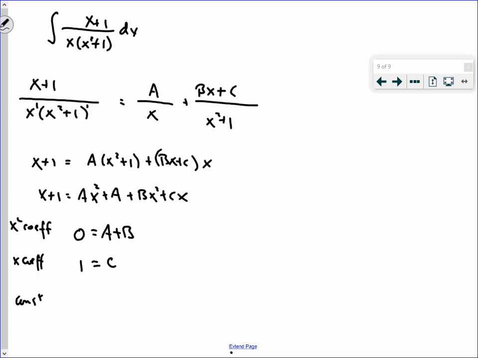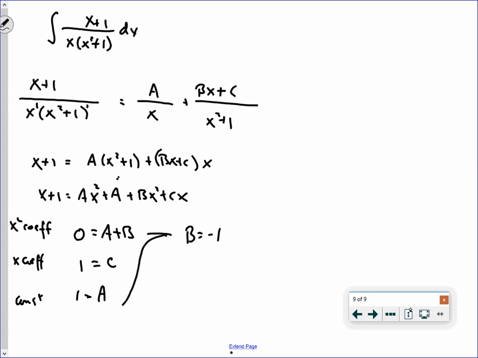On the left, the constant is 1, and on the right, the only constant term is this a there. Okay, so this works out. c is 1, a is 1, and these two things together say b is negative 1.